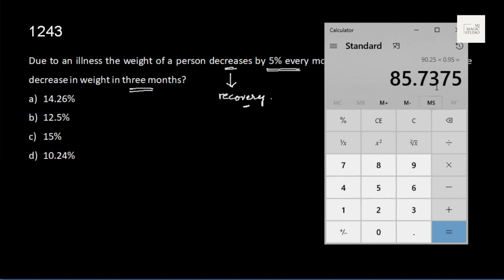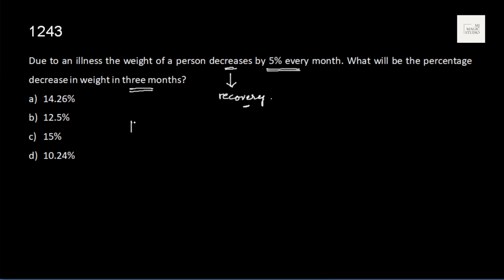It's giving us 85.7375. Deduct 100 from it. It will give us 14.2625. So the final effect is a 14.2625 percentage decrease. That is option A.